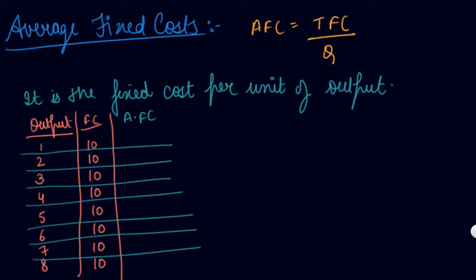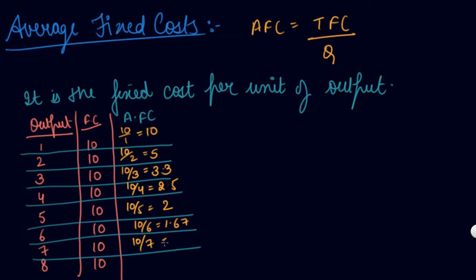That is, your 10 by 1 will give you 10, 10 by 2 will give you 5, 10 by 3 will give you 3.33 something, 10 by 4 will give you 2.5, then 10 by 5 will give you 2, 10 by 6 will give you 1.67, 10 by 7 will give you 1.42, 10 by 8 will give you 1.25.